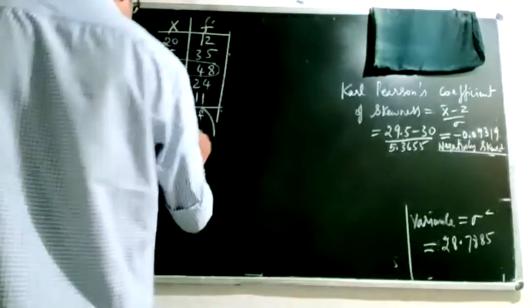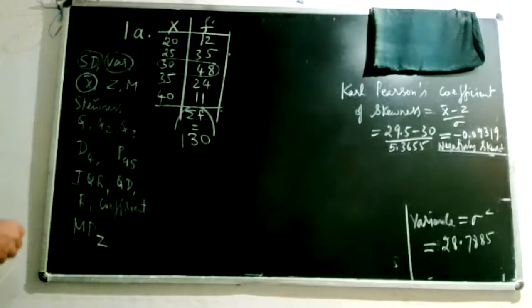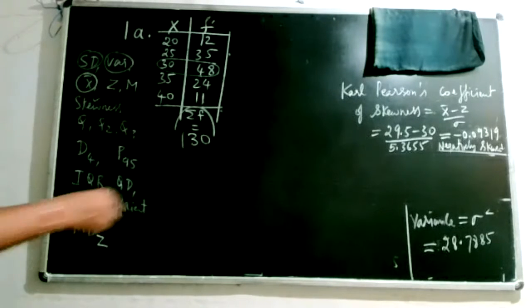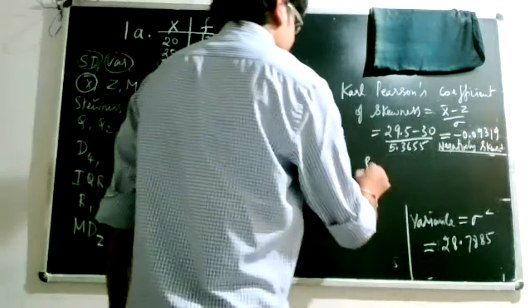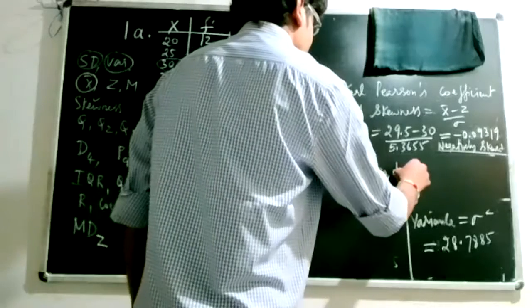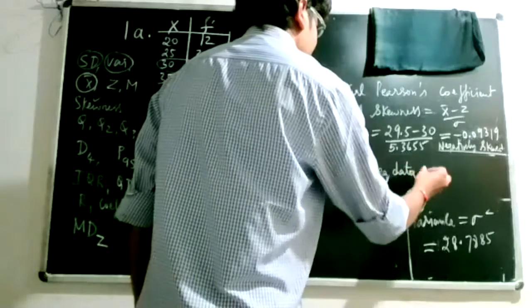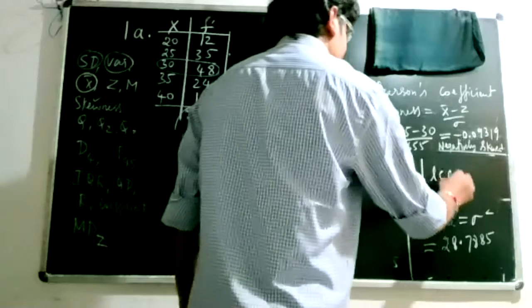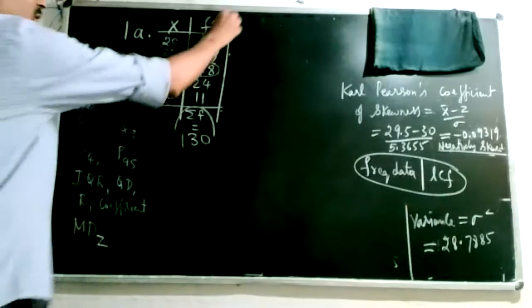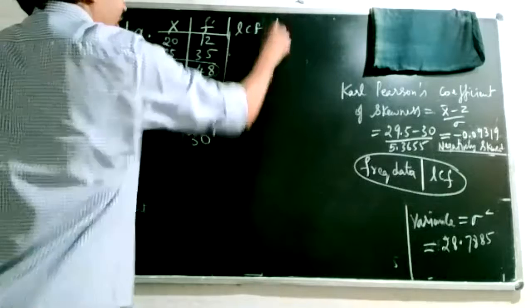The next is the value of median and the partition value. Median is also a partition value. Now, first step, when you have frequency data, raw or discrete, and you are obtaining the partition value, is computing the less than cumulative frequencies, LCF.